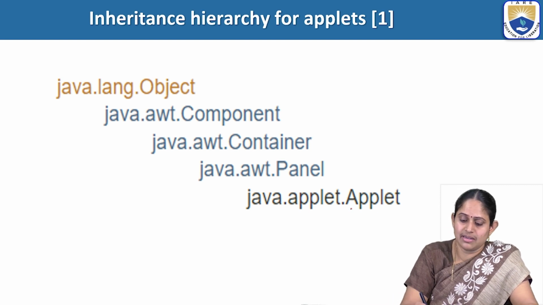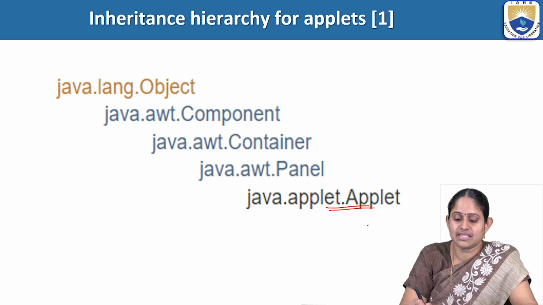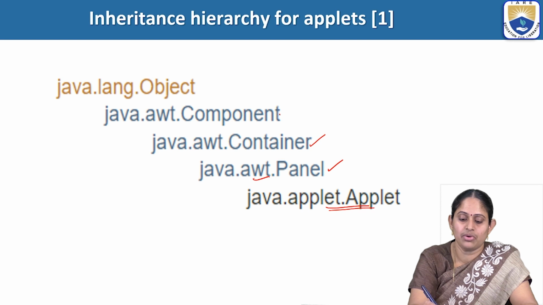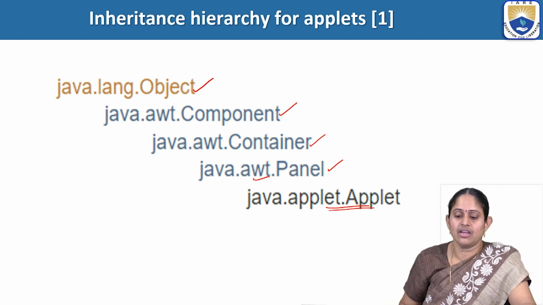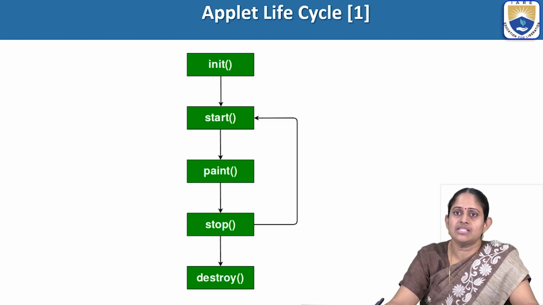This applet is the subclass of the Panel class of the AWT package. This Panel class is the subclass of the Container and Component classes, which are derived from the Object class. So this is the hierarchy of applets. Now, these are the various steps involved in the applet lifecycle.